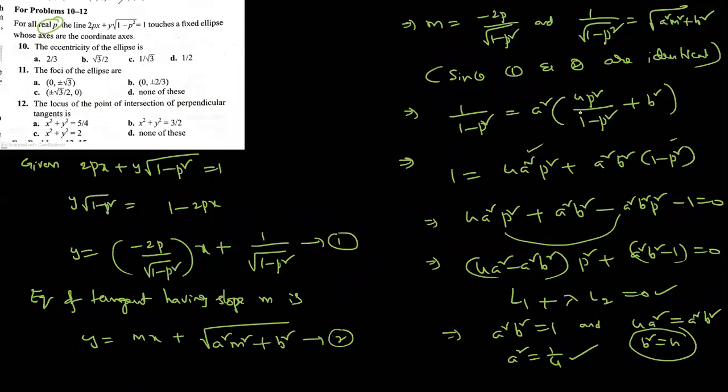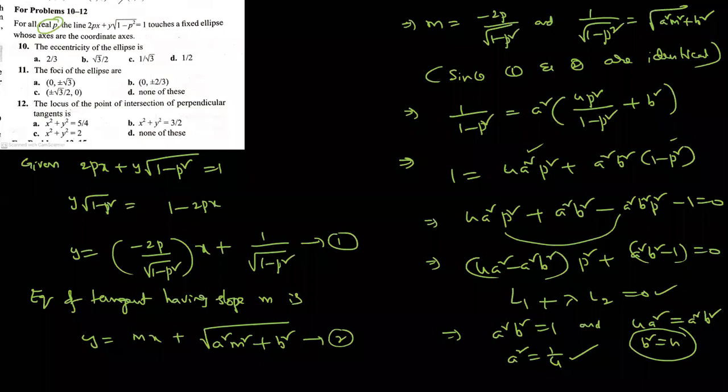Check it once again. So if you know a square b square, what is the equation of the ellipse?